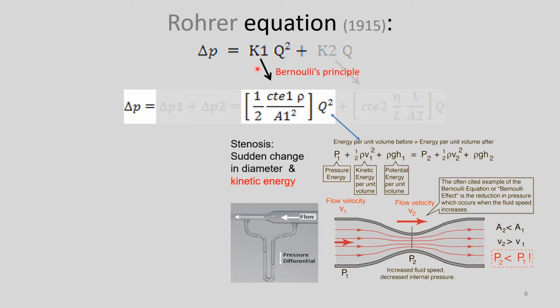And when you look at the first component, which is the Bernoulli or the kinetic energy component, you have the lateral pressure, a pressure that is a potential energy acting against the lateral wall without movement of the flow.